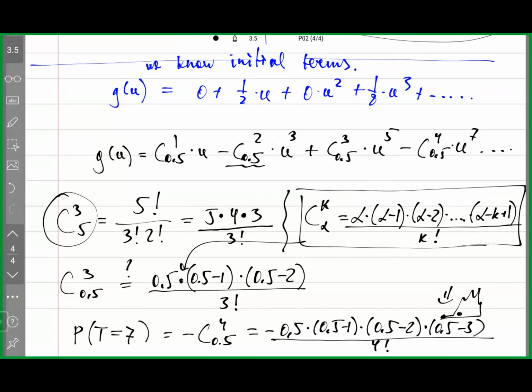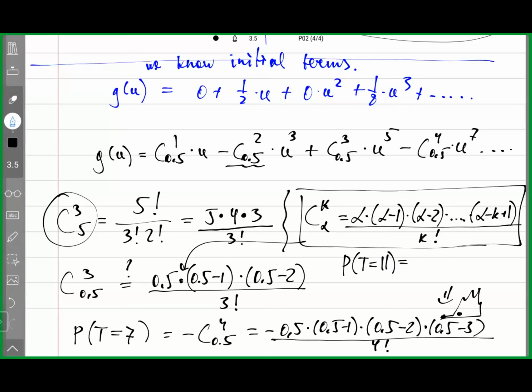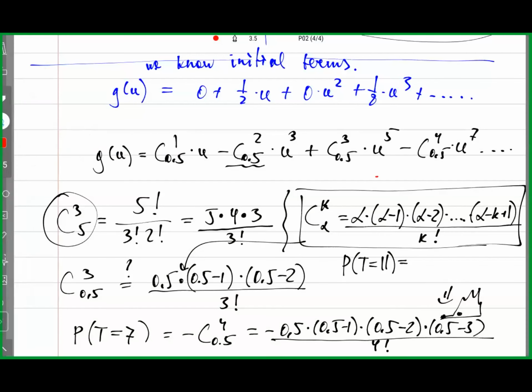For example, let's calculate the probability that t is equal to, let's say, 11. What is the probability that you will get it in 11 moves? So you need to discover the coefficient before u to the power 11.